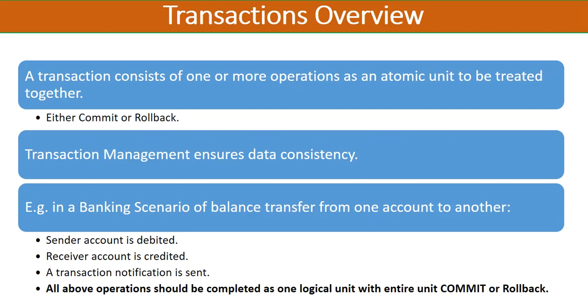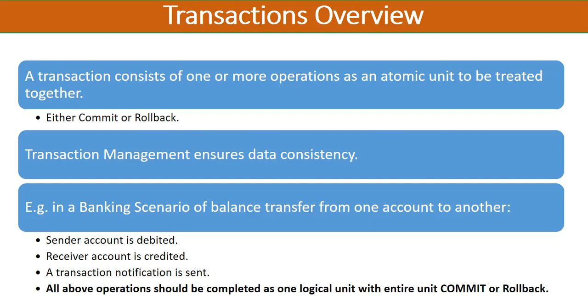What we want in this case is that whenever such a transaction is made, all three operations should be completed. The sender's account should get debited, the amount transferred should get credited into the receiver account, and at the same time a notification should be sent informing about the transaction.